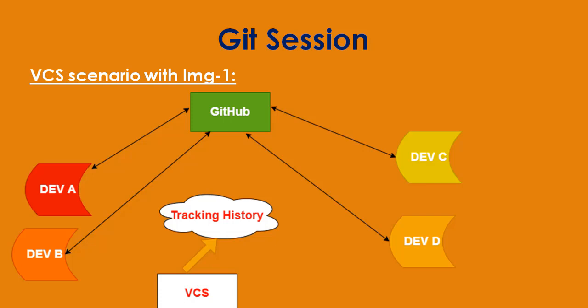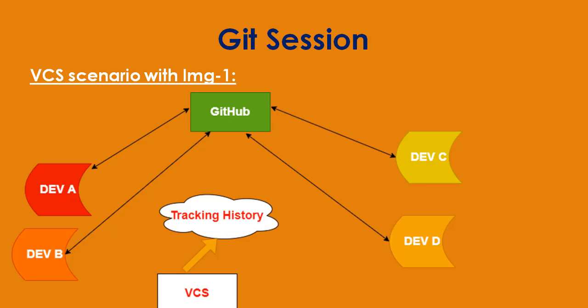Okay, now we'll describe this using a diagram with an example. For example, dev A has pushed a file to GitHub, that is file1.cs. So here VCS will maintain a specific version ID for that change made by dev A. The version controlling system every time generates a version ID for whoever has made the changes.